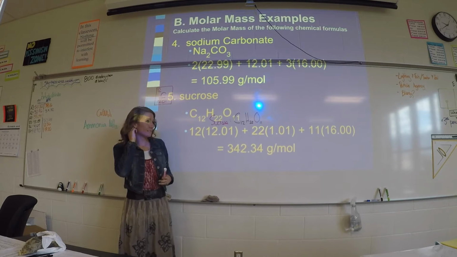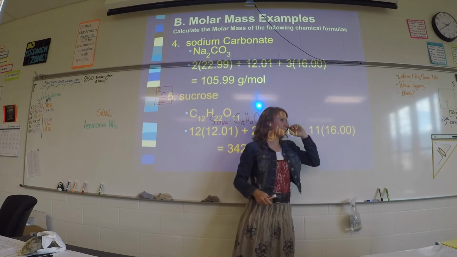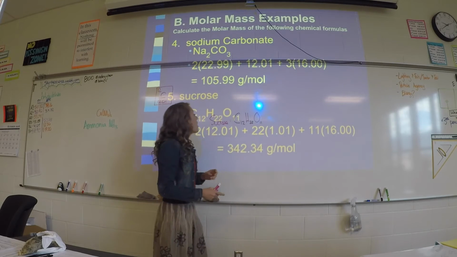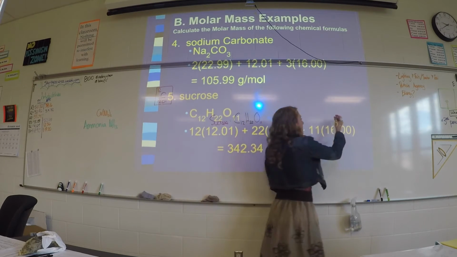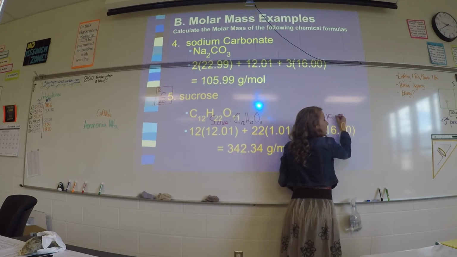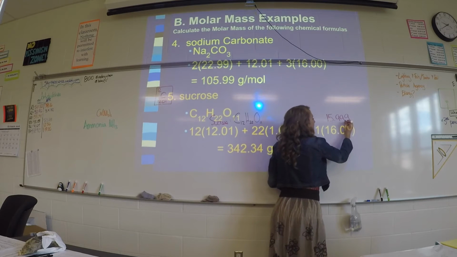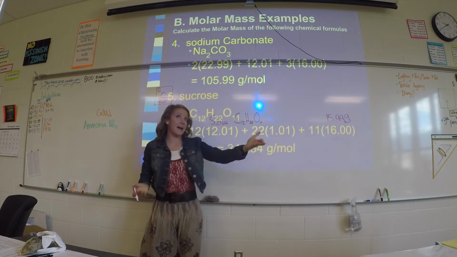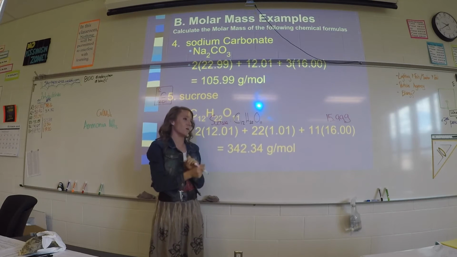Are your numbers just like this, or did you round it? 15.99. Okay, so that does show you if you round slightly off, because technically oxygen is 15.999. Since I'm rounding it to 2, you would round it up. But most of the time it's multiple choice, so you would be close enough to know which one is correct.